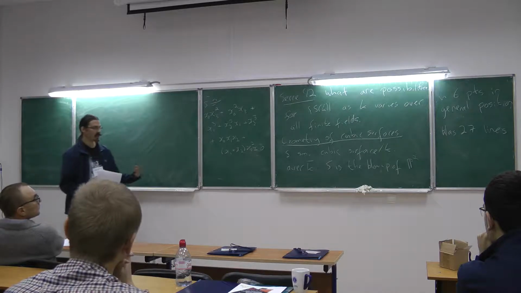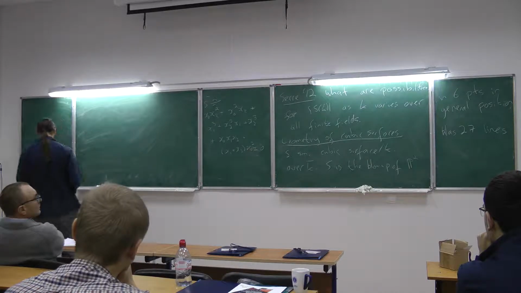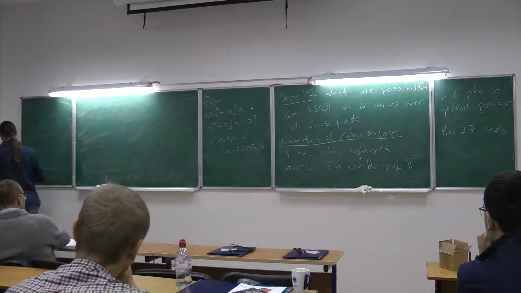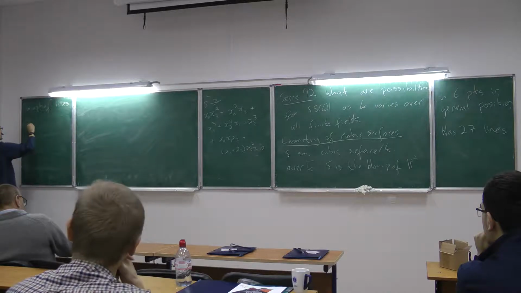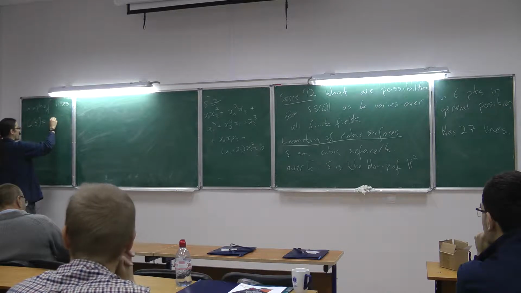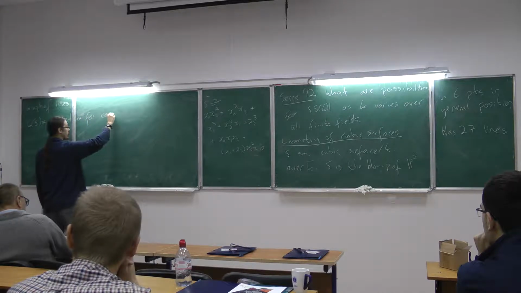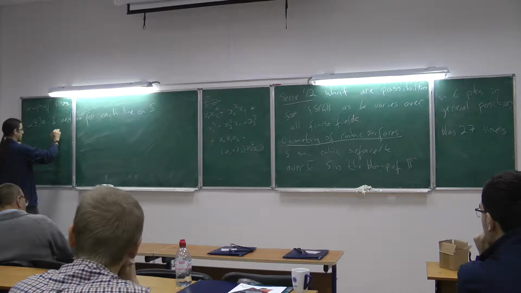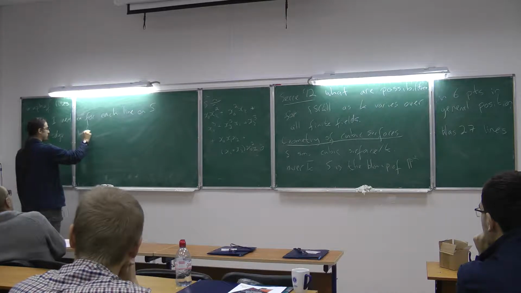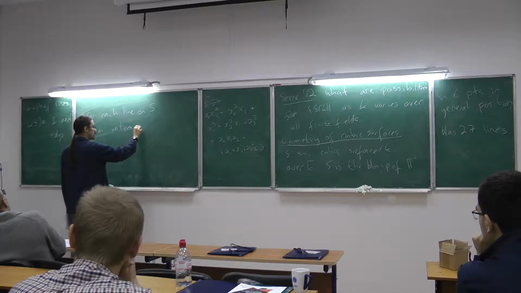But you know a little bit more about the 27 lines, namely their exact configuration, how they intersect each other. You can associate a graph to the lines on the cubic surface, called G(S). You have one vertex for each line on S, and an edge between vertices if and only if the lines meet.